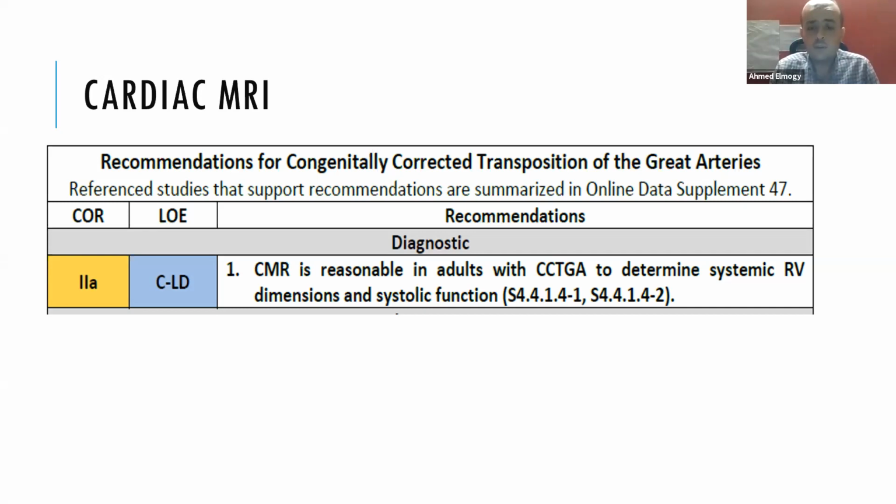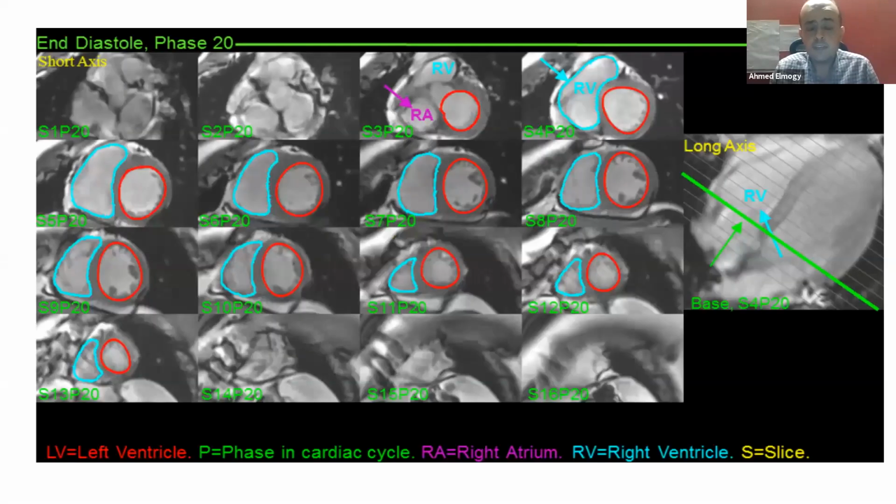It is easily done due to very clear endocardial borders, and we can put in all the sequences we want, even in hearts that are abnormally positioned. We can detect the end-diastolic volume and end-systolic volume for both ventricles and assess the ejection fraction.